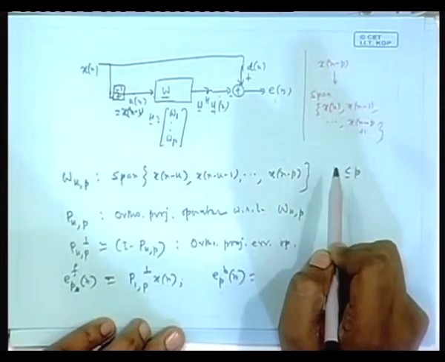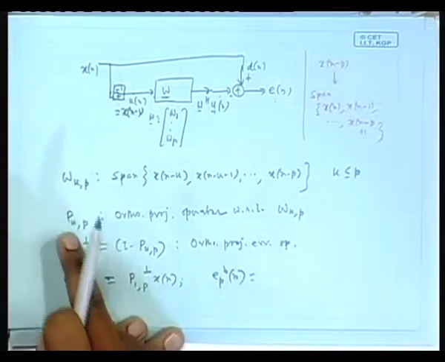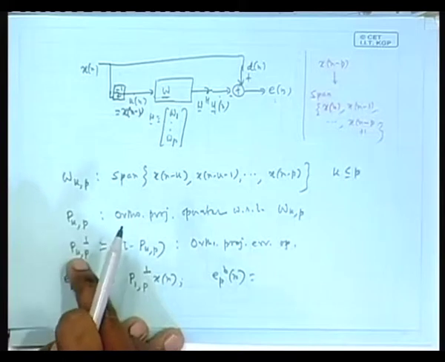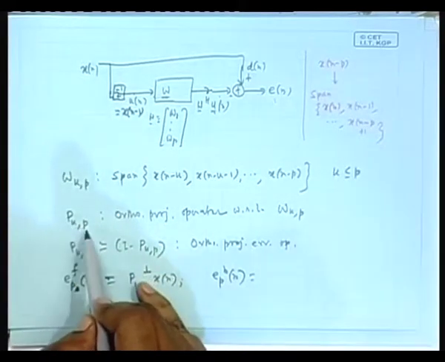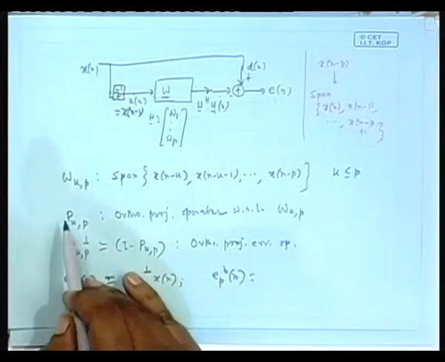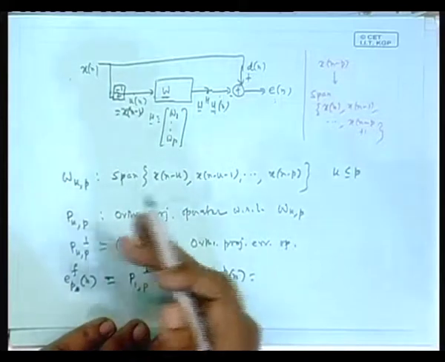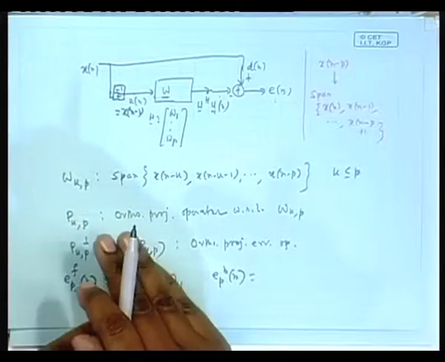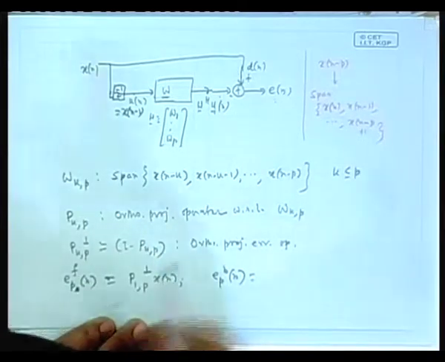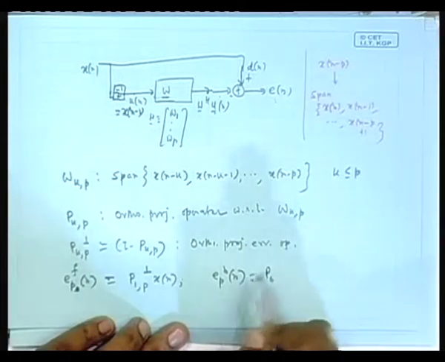So in this notation it is W 0 comma P minus 1. Don't get confused with this capital P and small p. They are two different things. This projection operator, this is order. If you want, I can change this small p to anything else. So that means this is equal to what? This is the error, not projection, but the corresponding error.